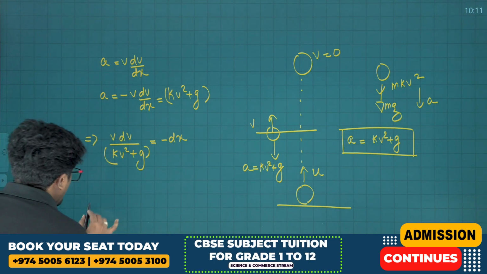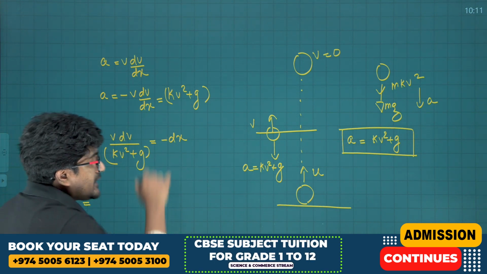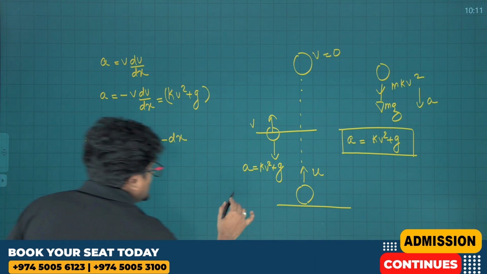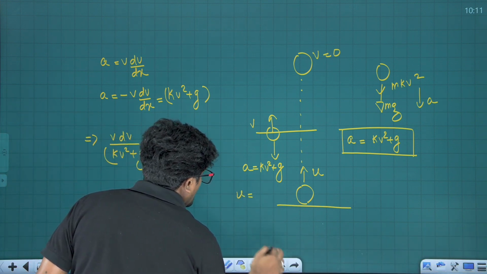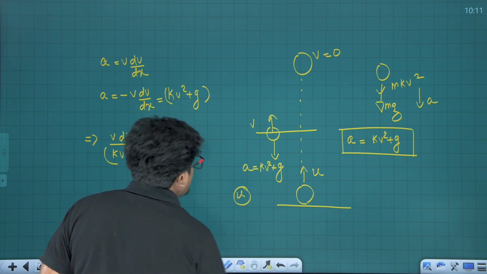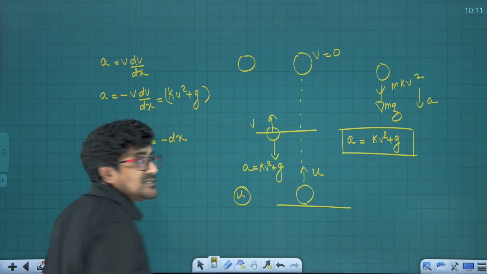Okay. Now if I integrate this, what is the initial value? Initial value is small letter u. And what is the final value? That is 0.